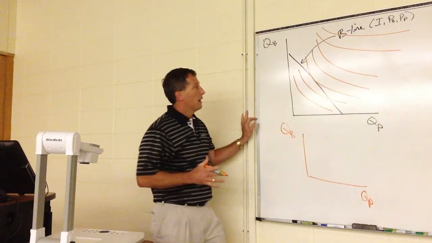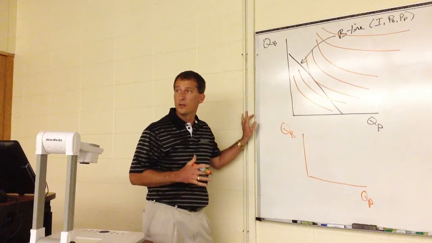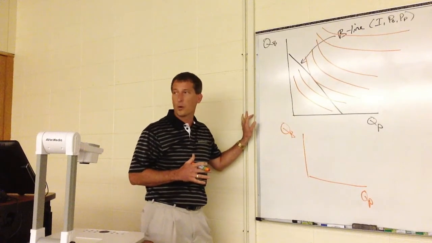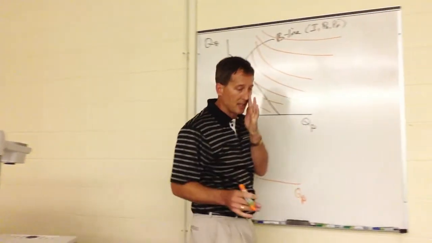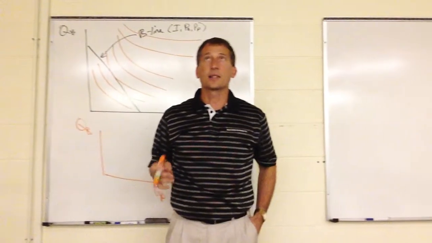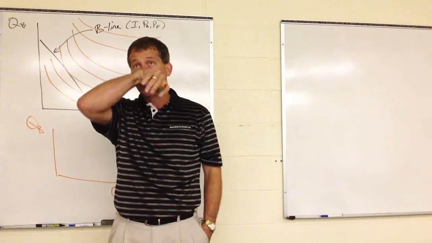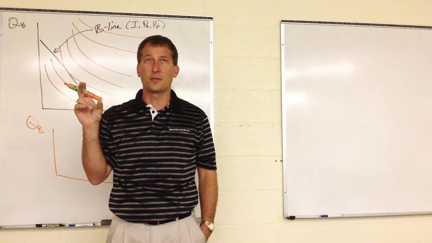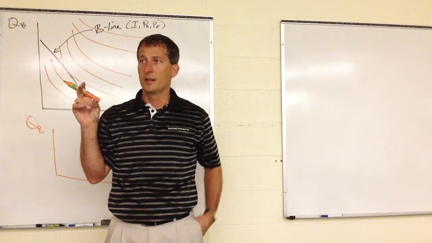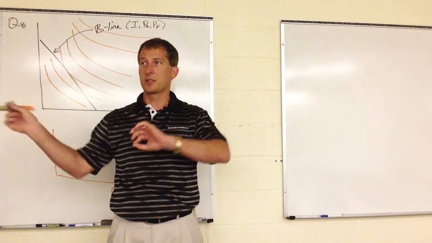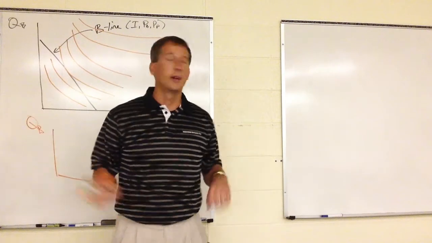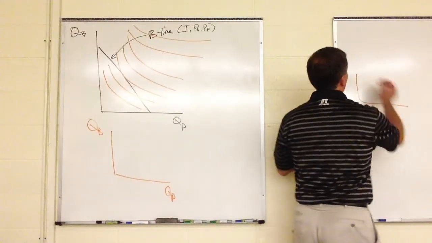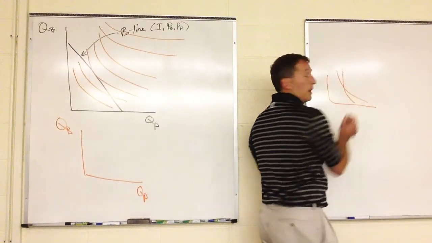So can two indifference curves cross? They can't. According to those four axioms, crossing indifference curves would not follow axiom number, was it 4 on transitivity? So A is preferred to B, B is preferred to C, therefore A must be preferred to C. And if you had indifference curves that cross, that would not follow that.